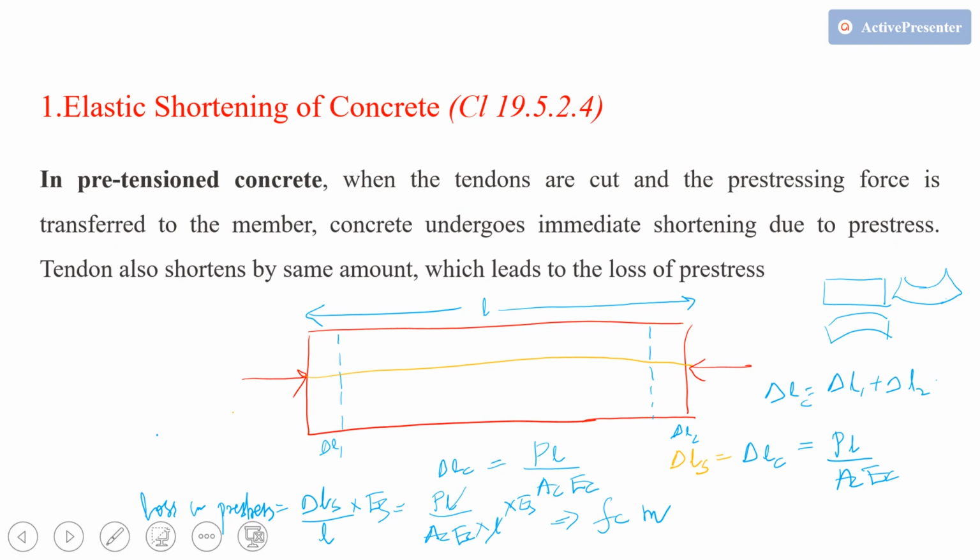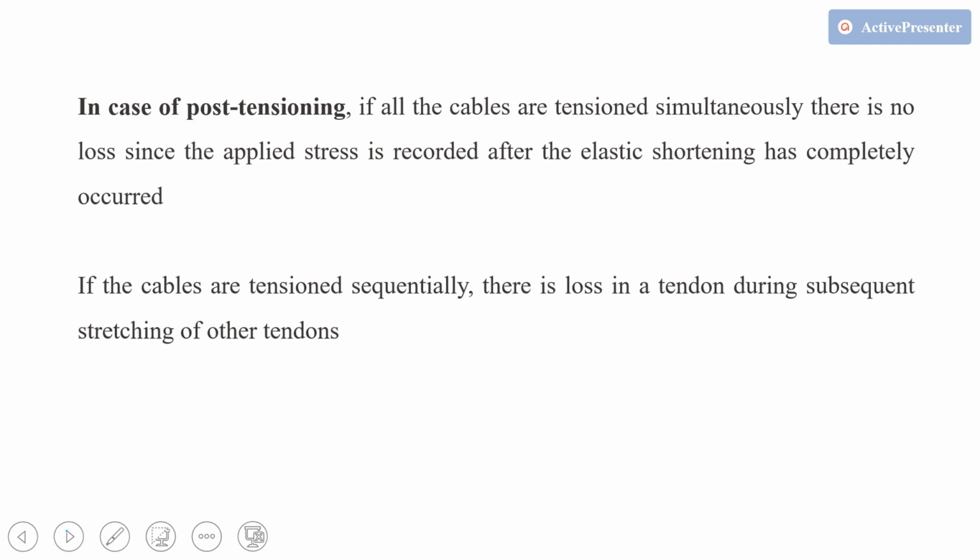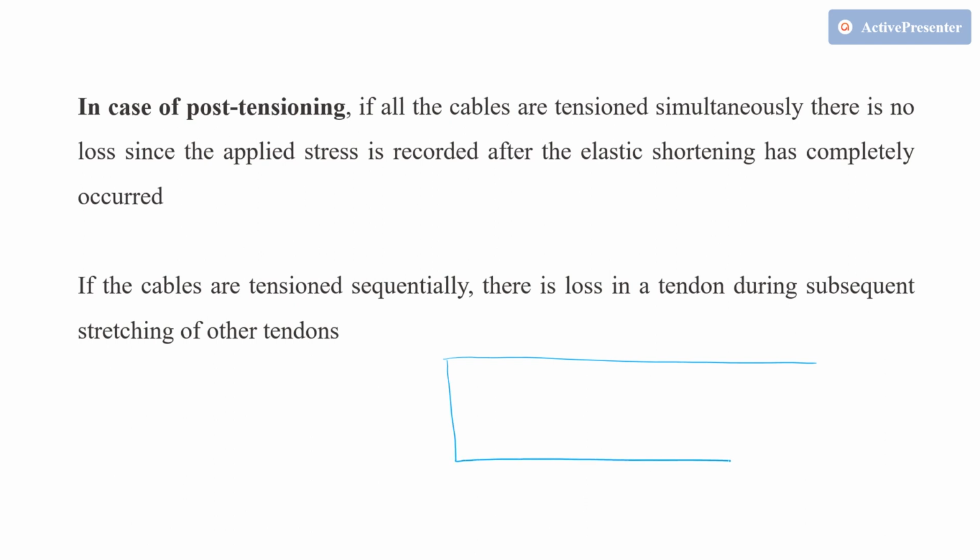Now if it is a post-tension member, in case of post-tensioning, if all the cables are tensioned simultaneously, then there is no loss, since the applied stress is recorded after the elastic shortening has completely occurred. Suppose you have a post-tensioning cable like this, the duct was there, you anchor it here.